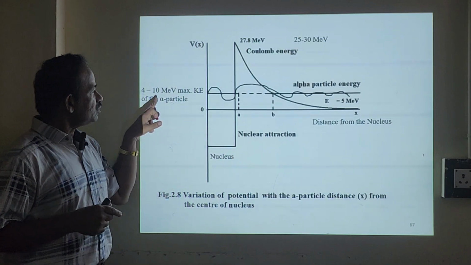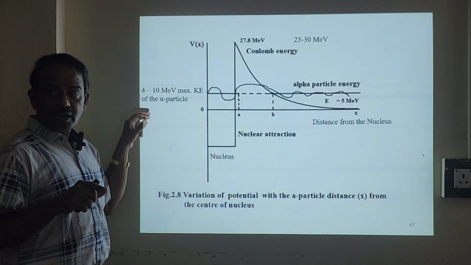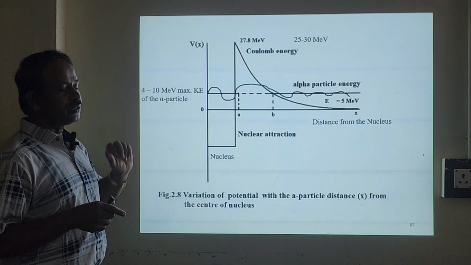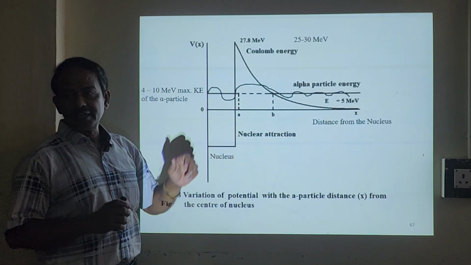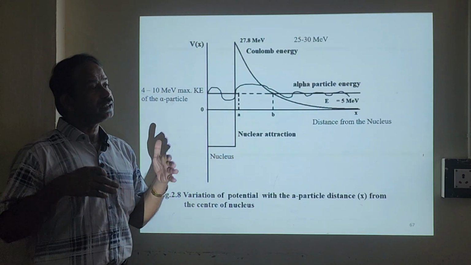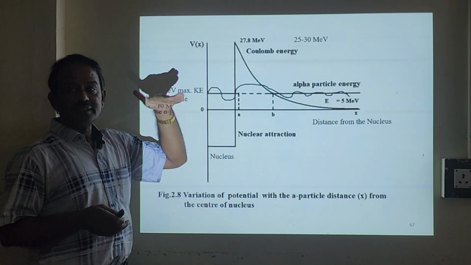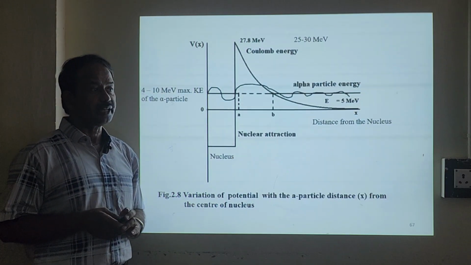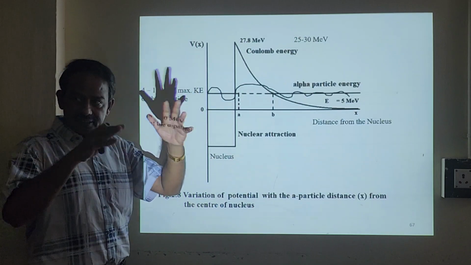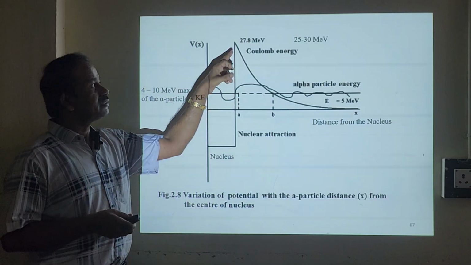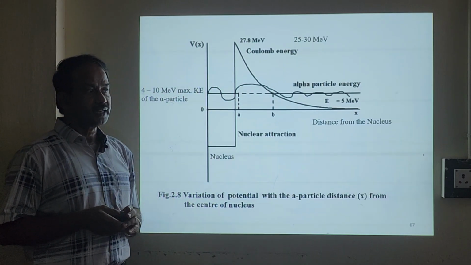Suppose we consider the kinetic energy of the alpha particle, which is nothing but 4 to 10 mega electron volt, and this is the height of the barrier. For certain nuclear reactions, the height is nothing but 27.8 mega electron volt.